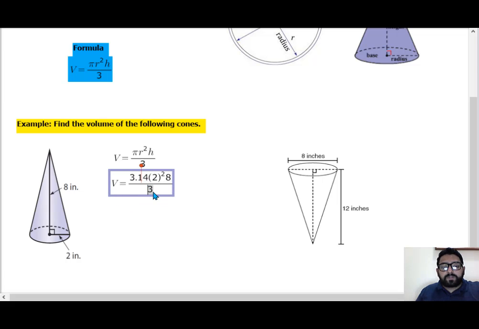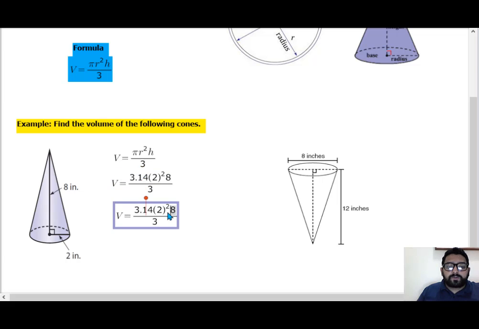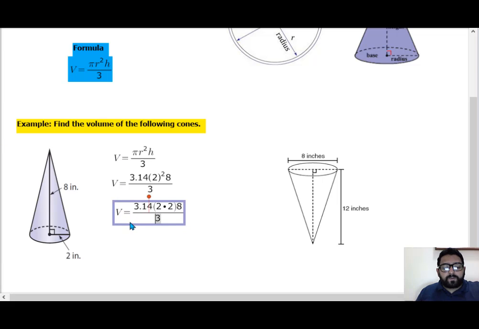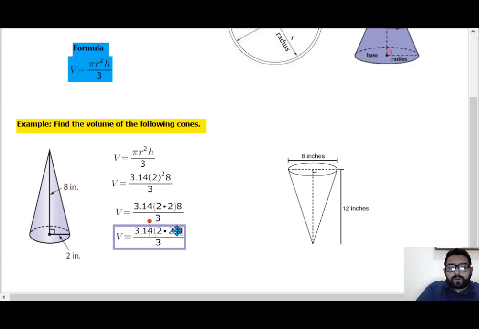After this step, you need to remember to multiply the radius twice. In this case, I'm going to use a point to represent the multiplication. Then we multiply 2 times 2, which is 4.